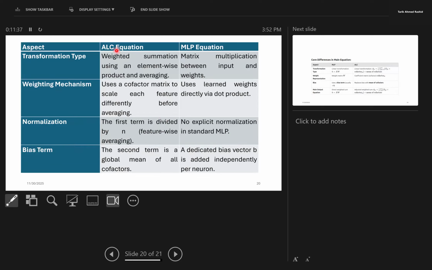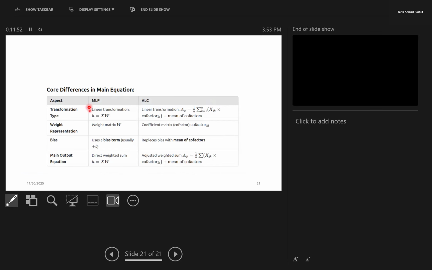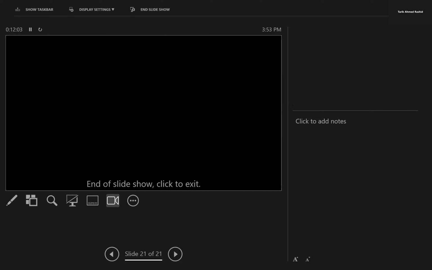This is ALC, this is MLP, and you can see the difference between them, with more core differences in terms of equations. We explained all this in the previous slides.